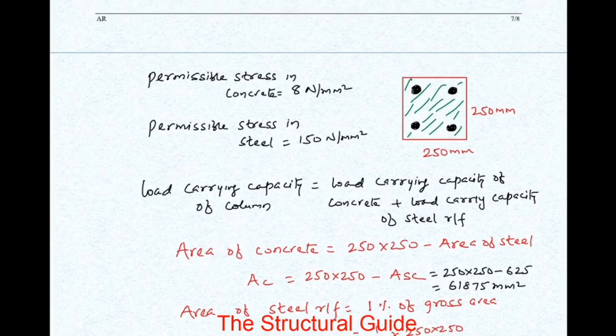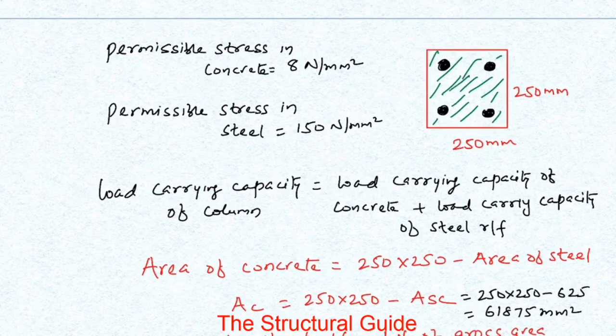So what is the load carrying capacity of the concrete? The load carrying capacity of the concrete is equal to the permissible stress of concrete into the area. The stress into area is equal to the force, or you can say the load carrying capacity. Similarly, the load carrying capacity of steel reinforcement is equal to the permissible stress in steel into the area of steel.